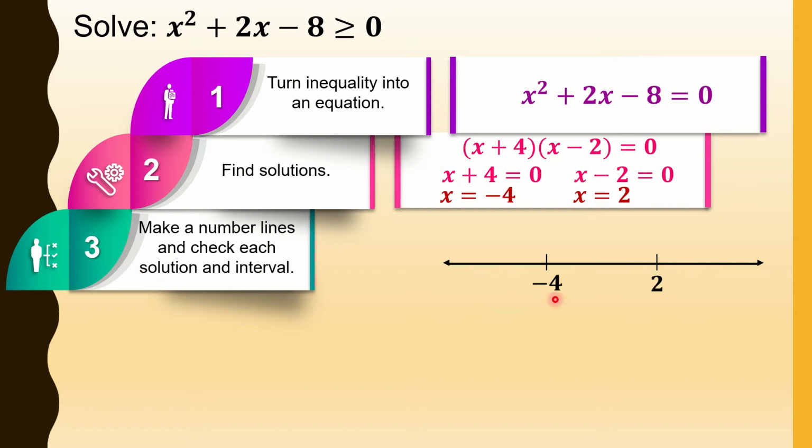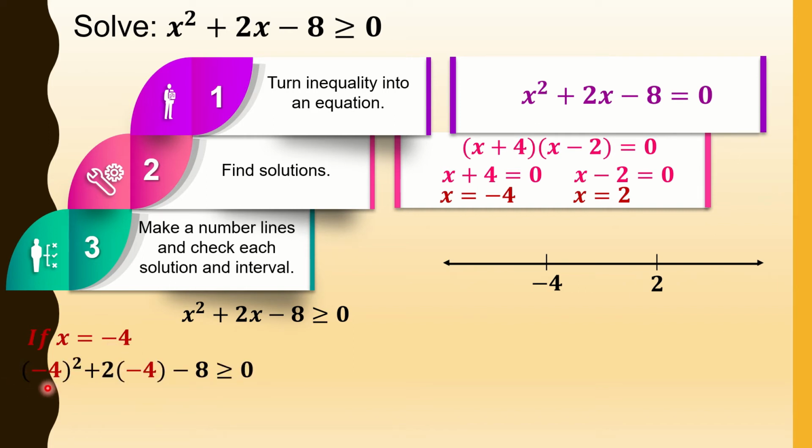Meaning, I'll be substituting negative 4 and positive 2 to our original quadratic inequality. So I'll substitute negative 4 first. Instead of using x here, I'll be using negative 4 now. So my inequality will be the square of negative 4 plus 2 times negative 4 minus 8 is greater than or equal to 0.